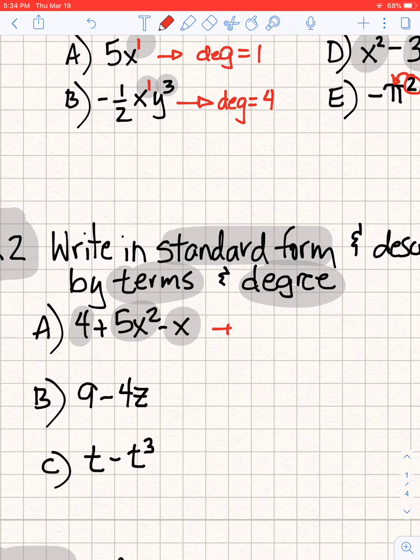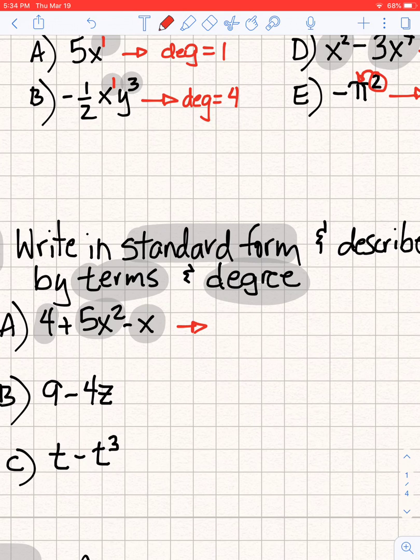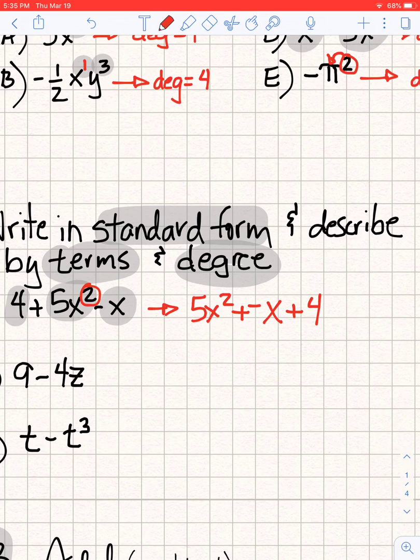So in this case, I'm going to write the 5x to the second power first because it has a power of 2. Then I'm going to put my negative x. Notice how I changed that to a plus negative x. You could write it as a minus x if you would like to live dangerously. And finally, I'm going to put the 4 at the very end as the constant. It has no variable. In fact, it's disappeared because the power of that variable is 0.